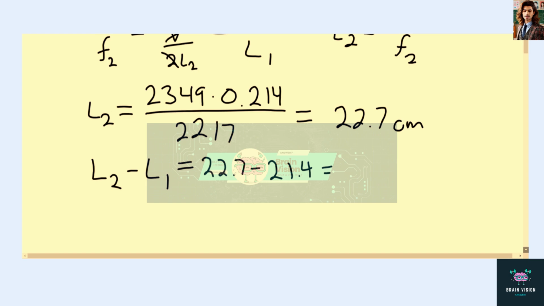So because we have three significant figures, we will end up with something in the hundredths place, even though we don't have any when we're just looking at these numbers right now. But if you keep all the decimals from your previous calculation, you should get that this next fret will be 1.27 centimeters further from the first fret. And that's our answer.